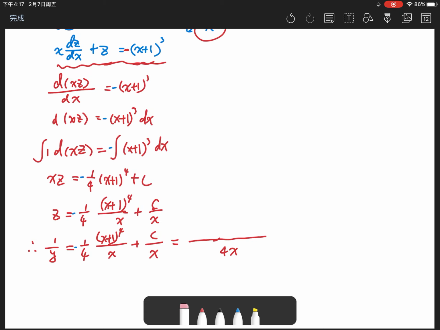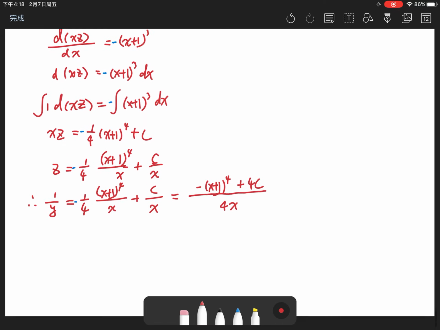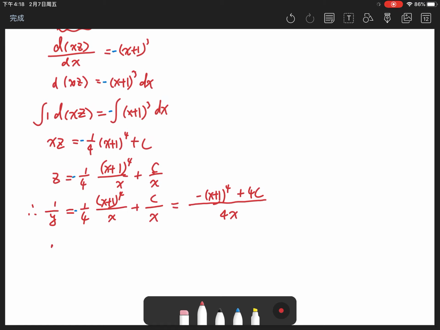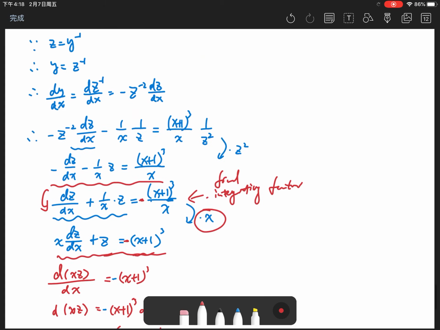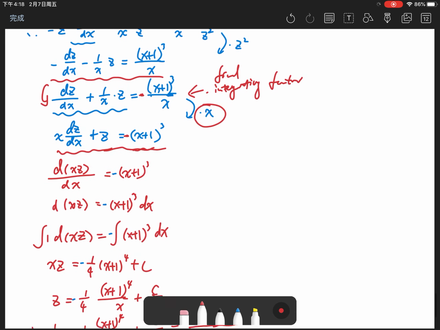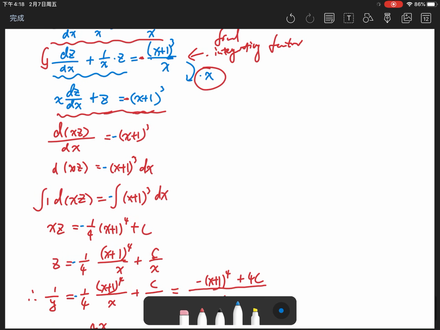So finally it should be negative x plus 1 to the power of 4, and then plus 4c. Finally, the value of y will be 4x over 4c minus x plus 1 to the power of 4. So this is question 7.